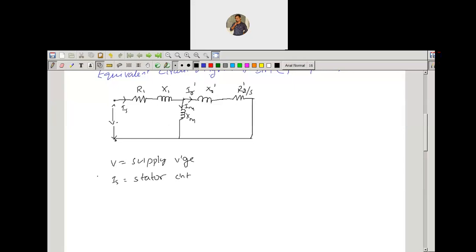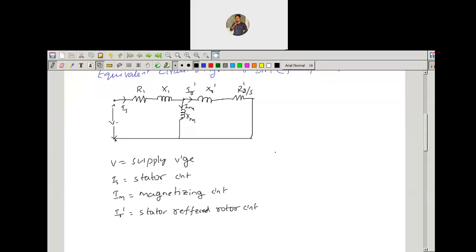IM is the magnetizing current, and IR dash is the rotor current referred to the stator, or we can call it the stator referred rotor current, in amperes. Both are the same.